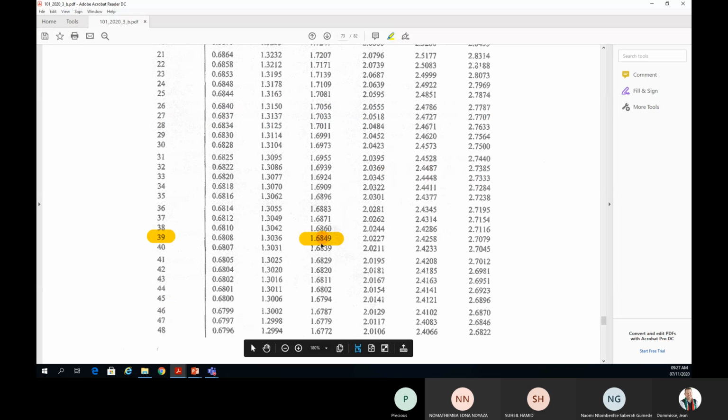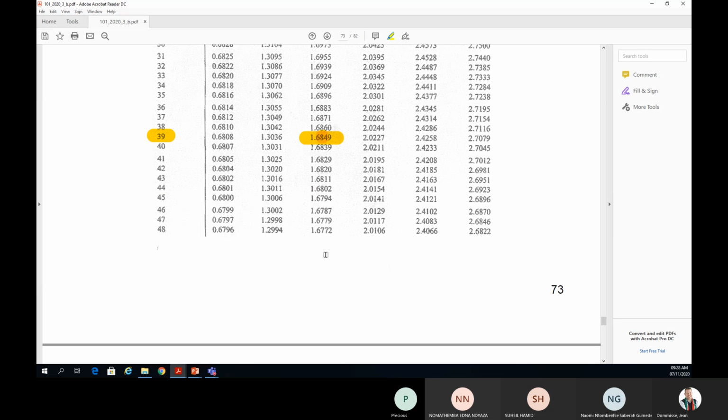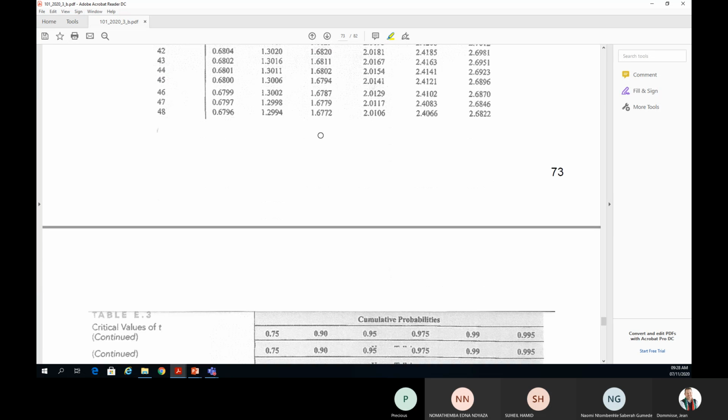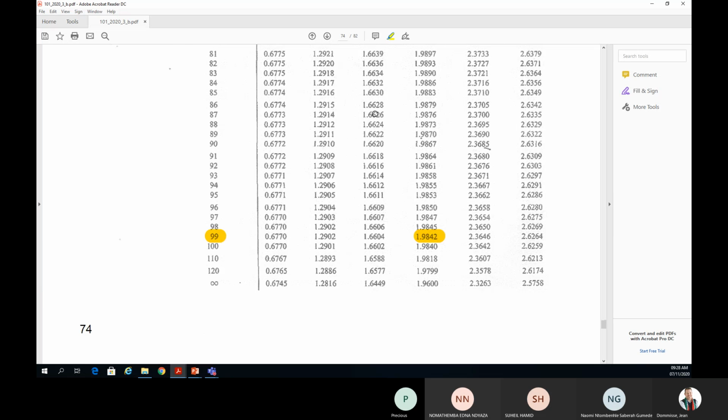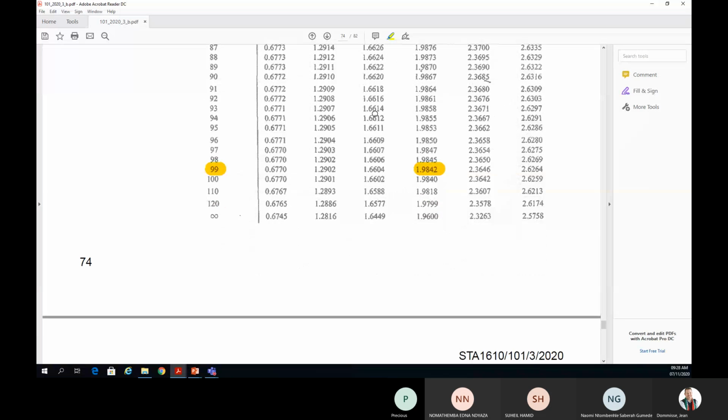Remember, hopefully you can still see the table, when we set for the Z, it would have been 1.645. Look how closer we get to 1.645 the bigger we get.